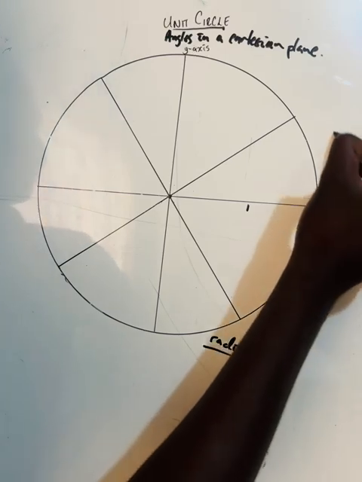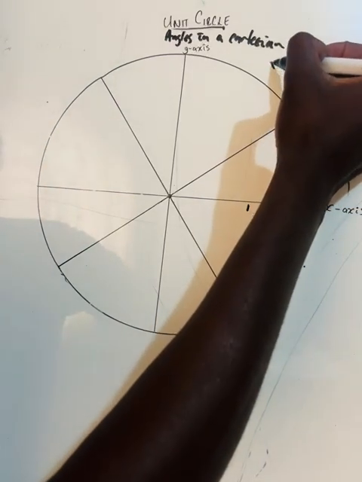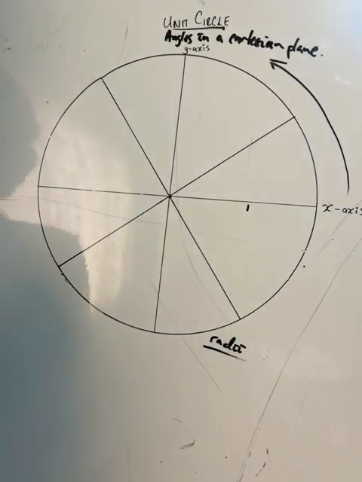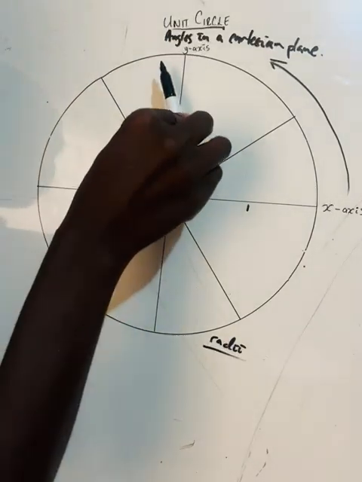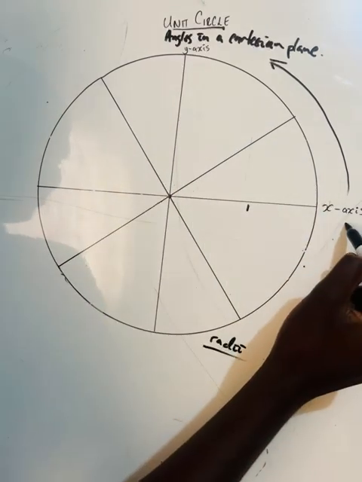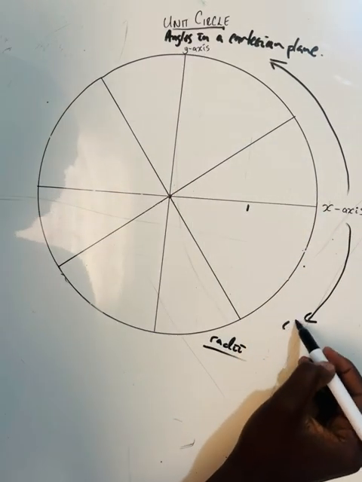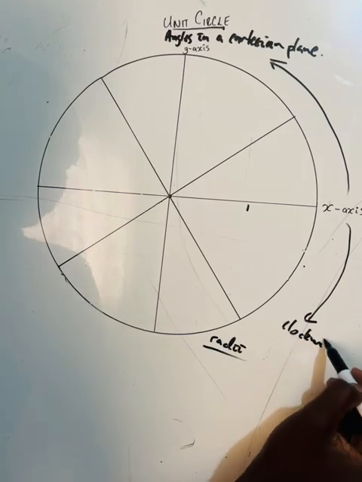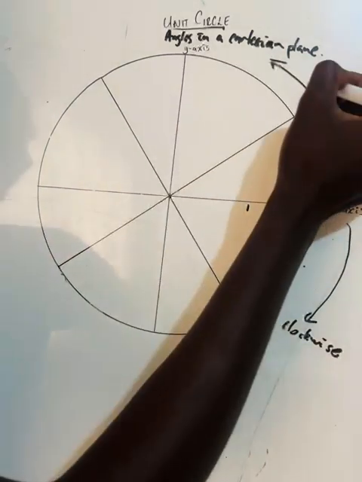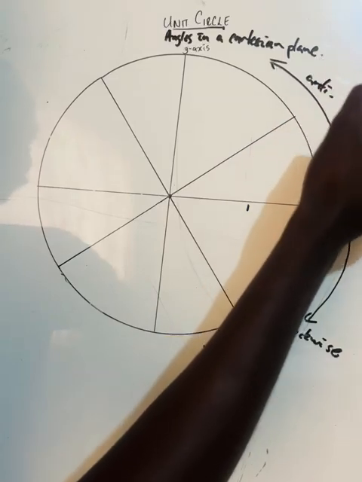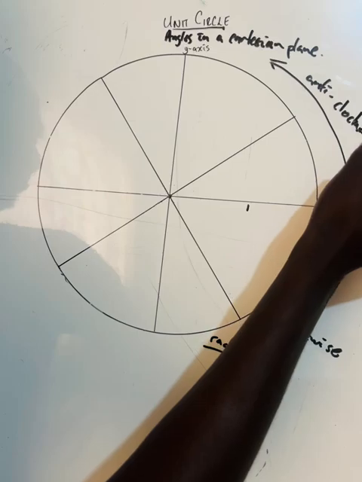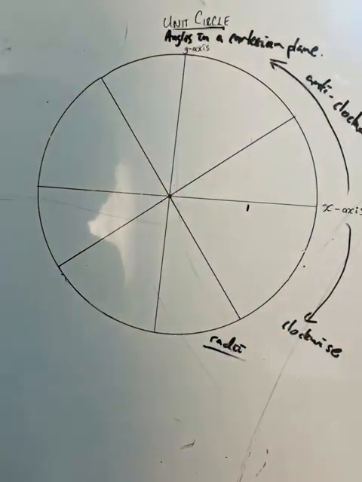Remember, the clockwise direction is the way your clock moves when you are looking at your watch. This direction is the clockwise, and that direction is the anti-clockwise, the opposite of how the clock moves.